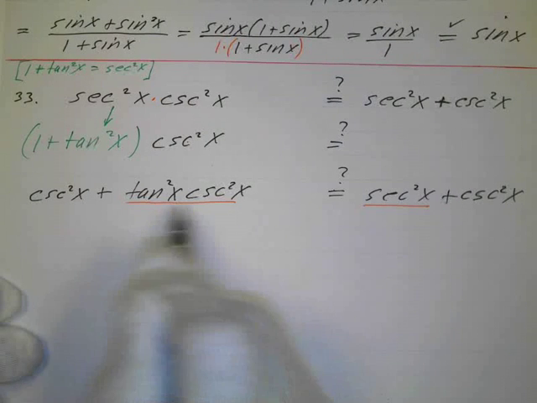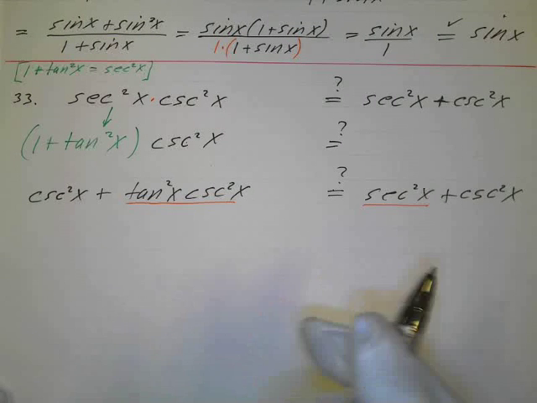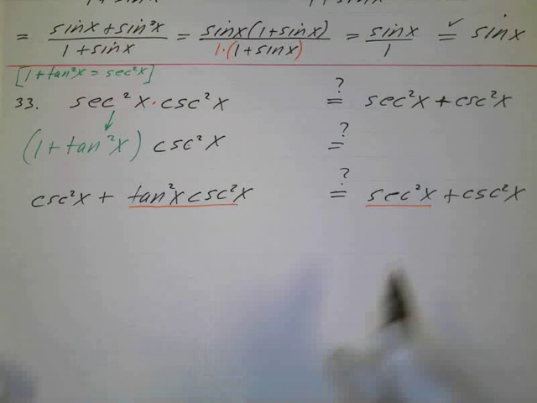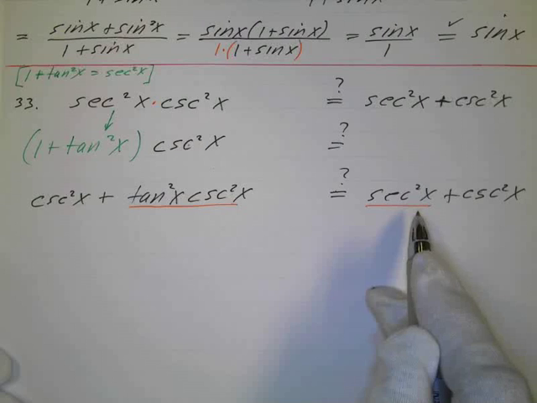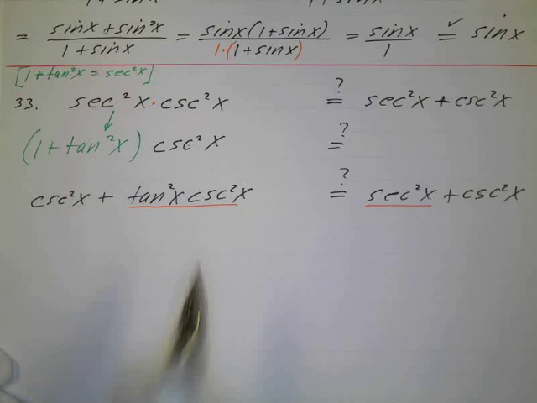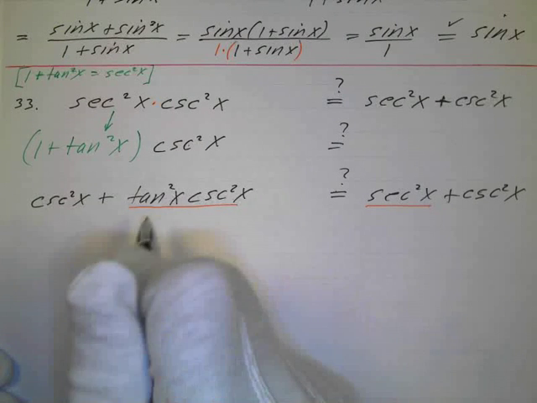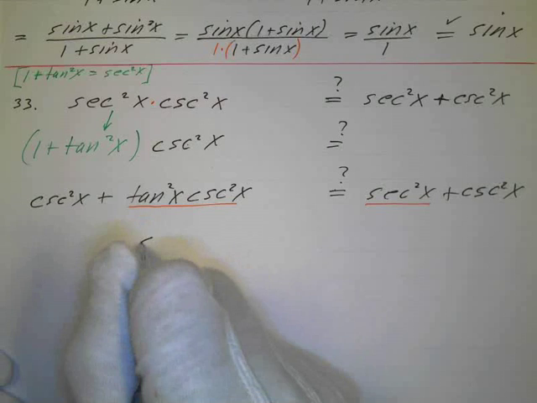Now the easiest way to do this is to try to get everything in terms of the sine and cosine, and then simplify it. Now remember, the secant squared is 1 over the cosine squared, so maybe we can get something like that going. So the tangent squared is equal to the what?